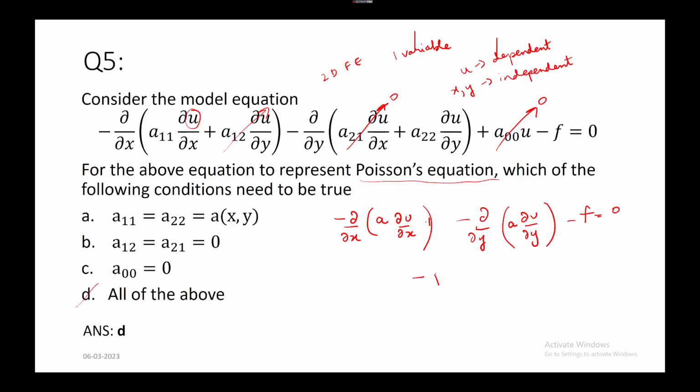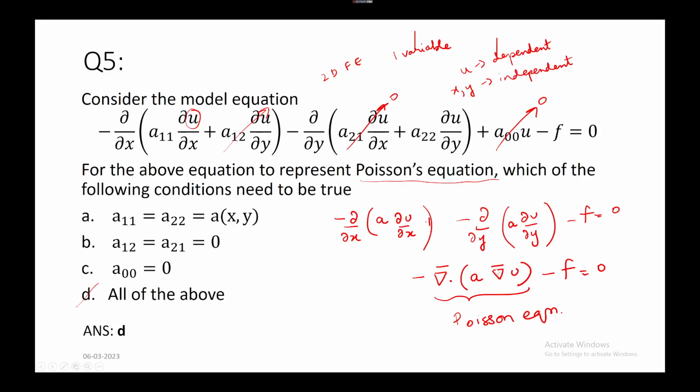Minus, so you can say it is of this form. Again you can say, okay. So this is a Poisson's equation. Okay, sorry.